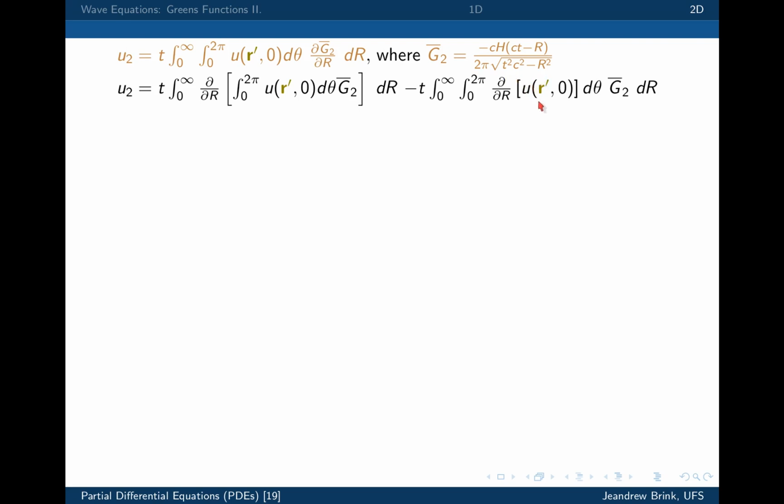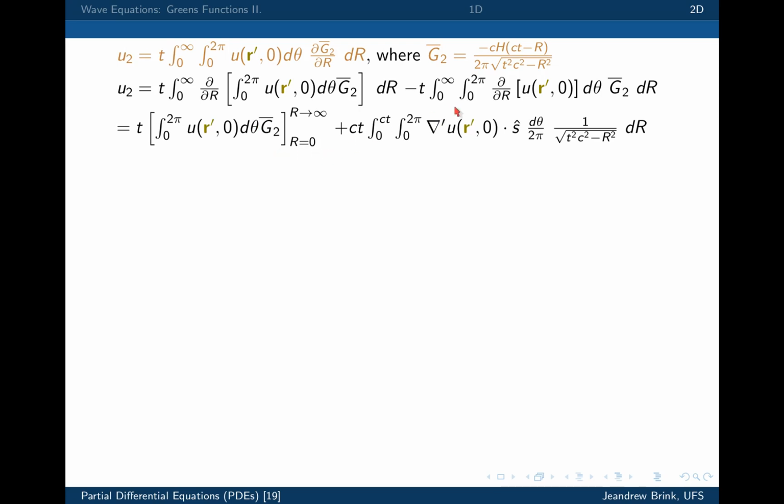And the nice thing is that this thing is being evaluated at 0 and infinity. At infinity, we're going to assume that the Green's function goes to 0, and we're also going to assume that u usually goes to 0. And so you have that expression plus this guy, where you can actually rewrite this thing as just the gradient of u at r dotted with s, and here's the Green's function coming in, 1 over the square root of t squared c squared minus r squared.